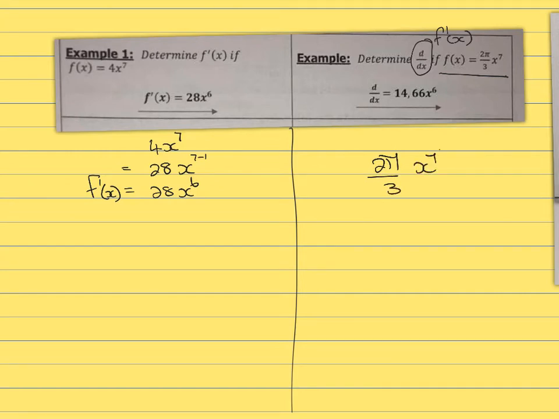Now what you do is you multiply this whole thing with 7, and then you'll get 14,66 or 14,7, depending on how your calculator is set. And this is x to the power 7 minus 1. So this will become dx is equal to 14,66 x to the power 6.